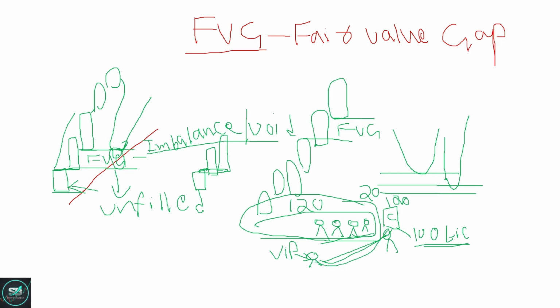Directly, FIIs have executed the orders, price jumped from A to C and it has skipped the orders in between. B never got executed. So price will act as a magnet and it will try to come back to that FVG zone to fill those orders.